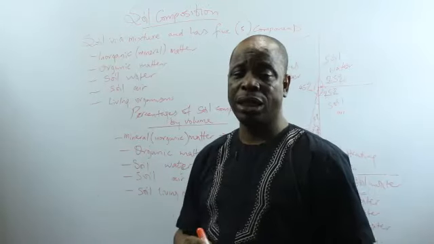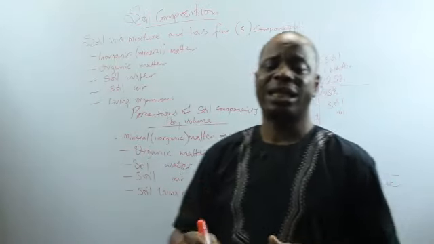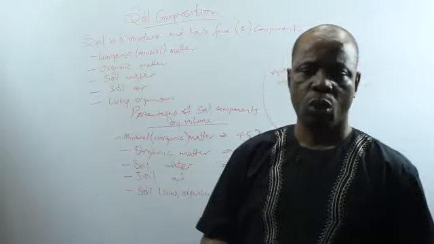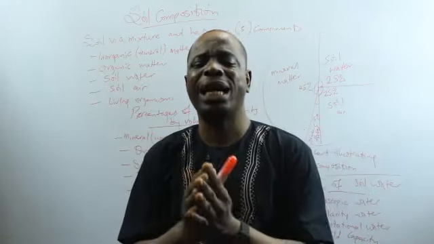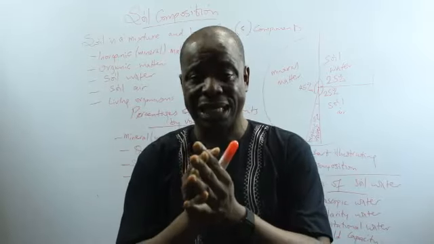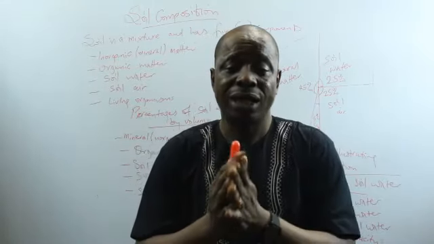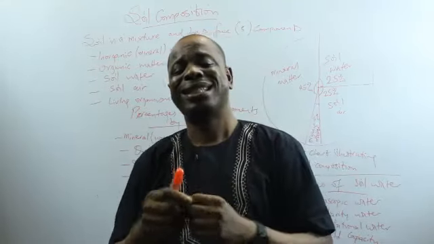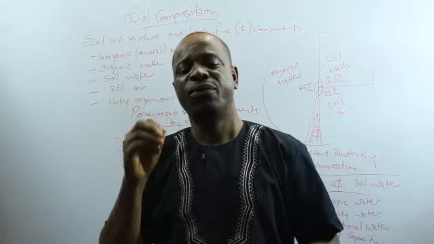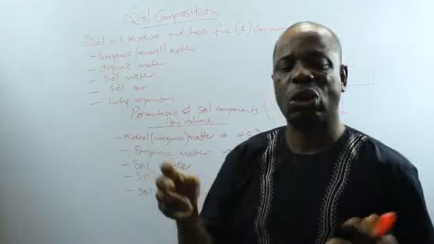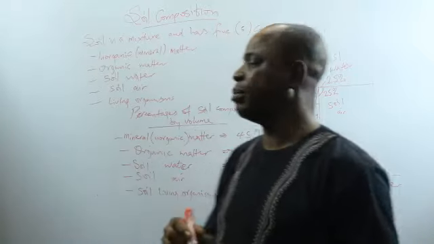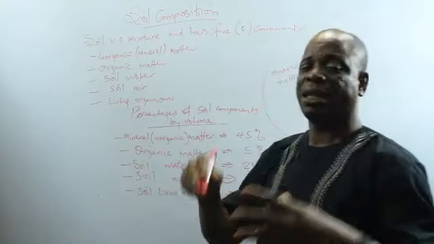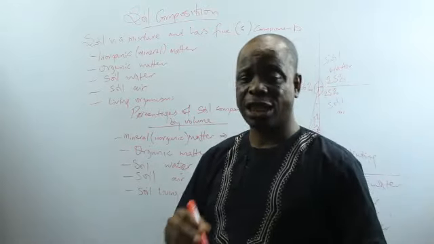In actuality, it is this mineral matter that is formed from weathering. Where you break rock down to form soil, the component that you are breaking, which you can see with your eyes, that forms the soil, that's the mineral matter. Inside of it, you now have invisible elements like calcium, like sulfur. You have them inside. So that's the mineral component. The component of the soil that is formed from weathering, that's mineral matter.